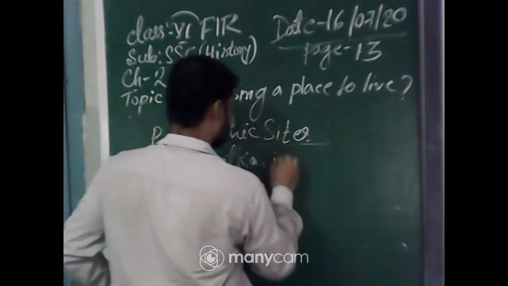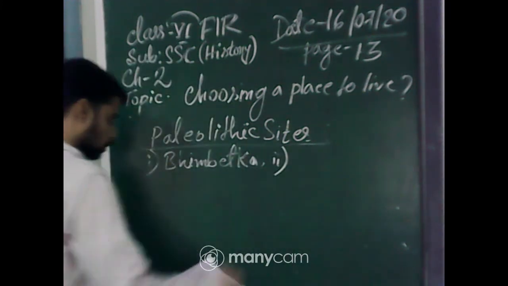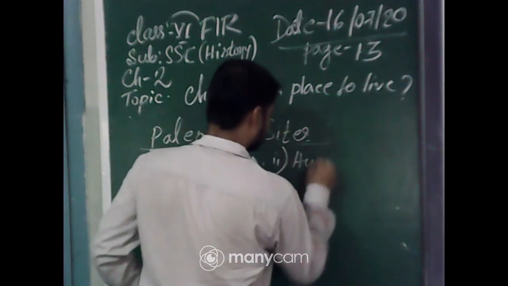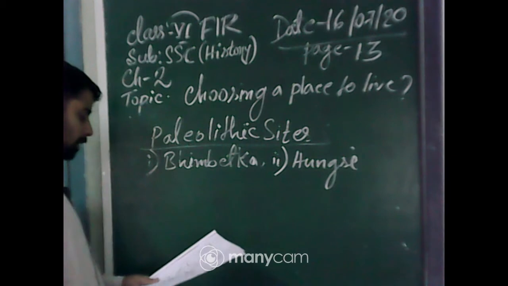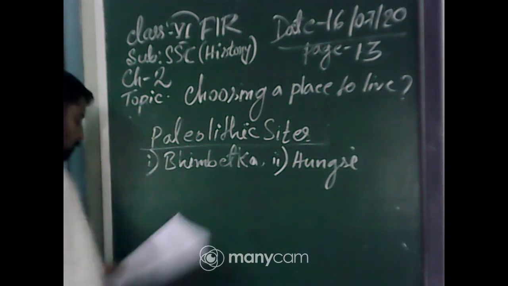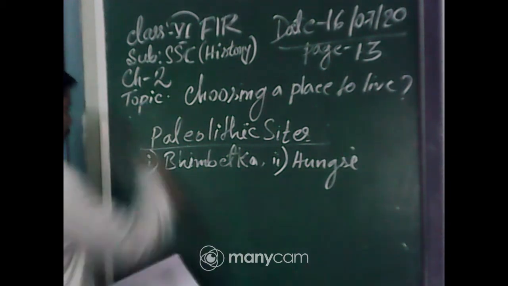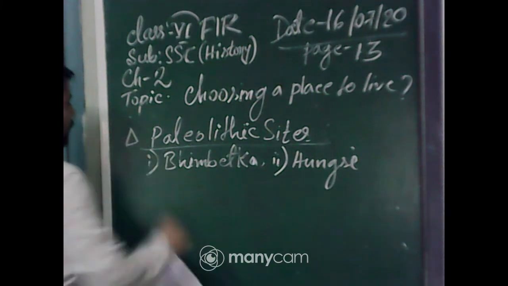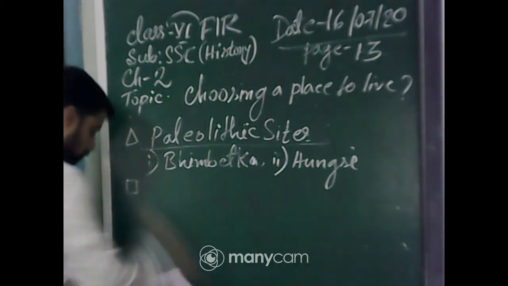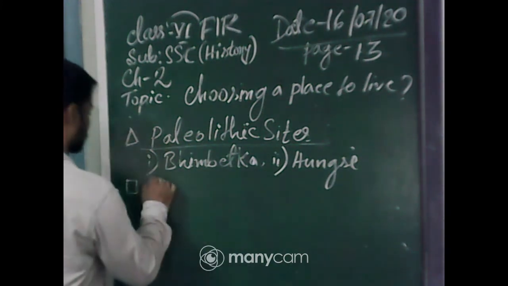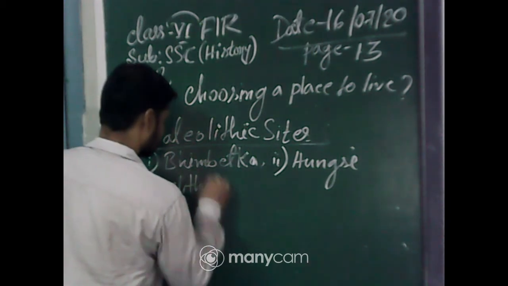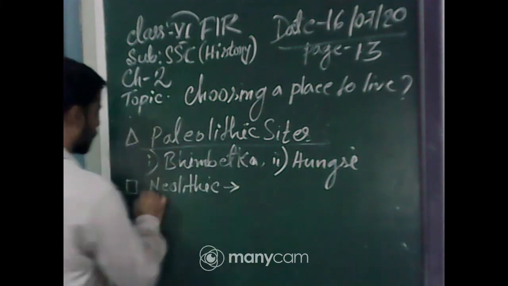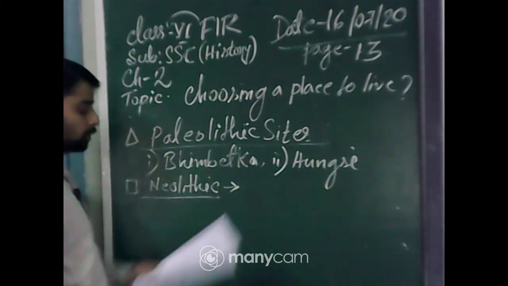Number 2, Hunsgi. So Hunsgi and Bhimbetka are two Paleolithic sites, mentioned with a triangle. Next one, the Neolithic sites. So what are the Neolithic sites?